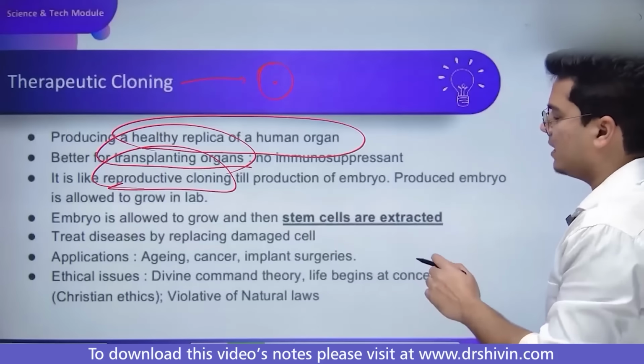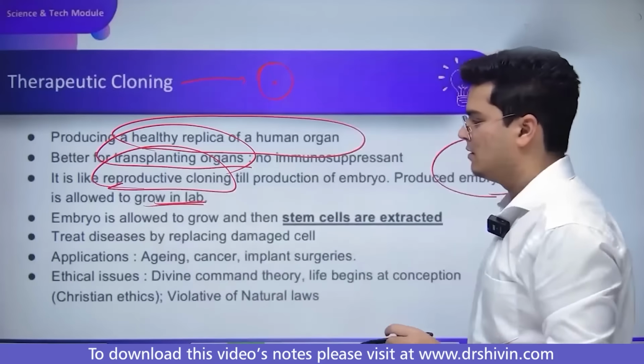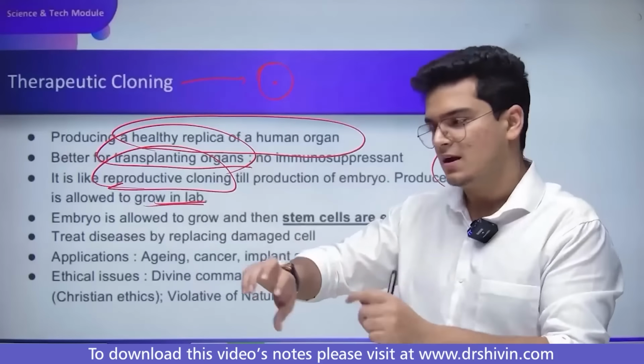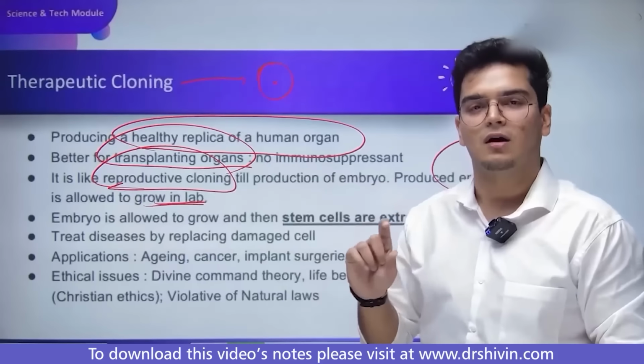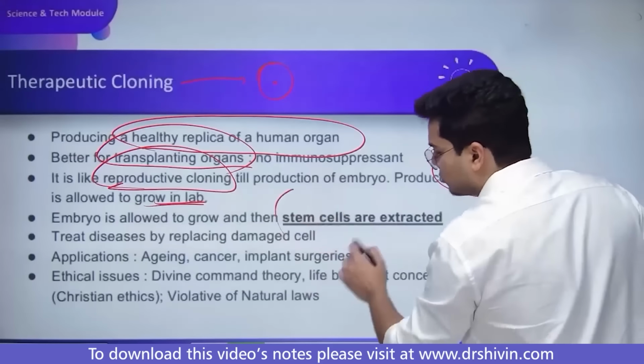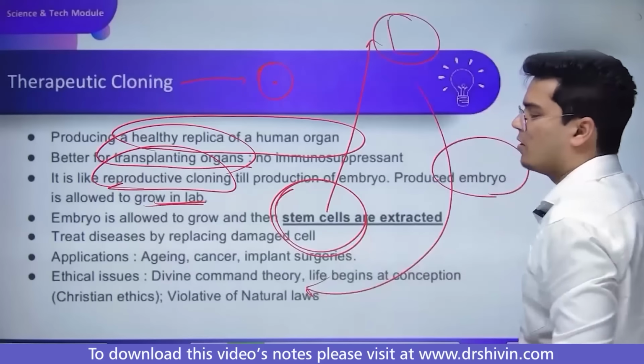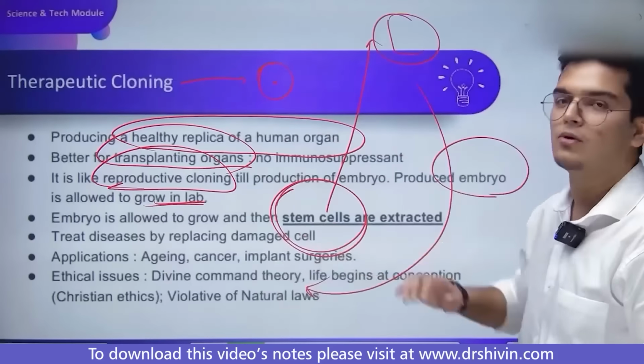But इसमें बात यहाँ पे है कि जो embryo बनता है, it is made to grow in a lab. And then इस embryo से मैं वो liver वाले cells निकाल लूंगा. वो cells जो originally divide करके liver बनाते थे, I will extract those stem cells that are forming a liver and then put them in my body. This is therapeutic cloning.